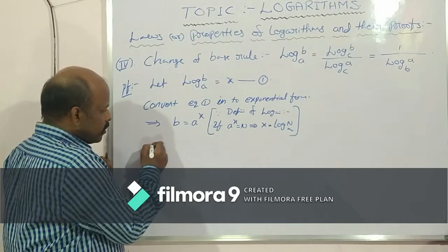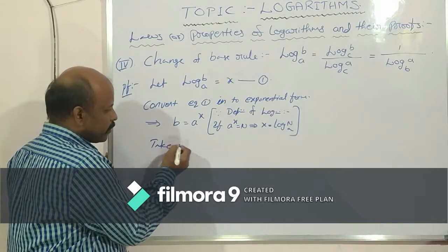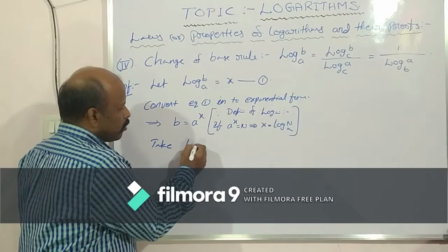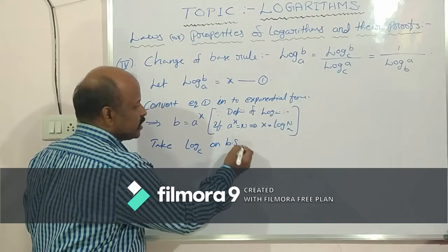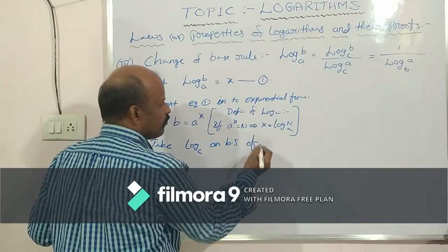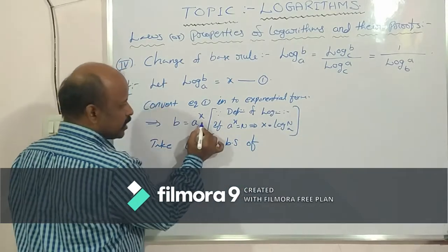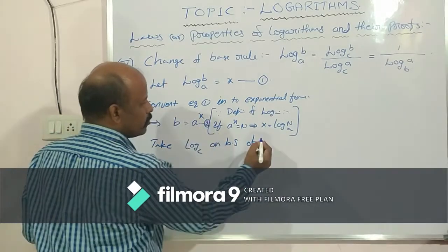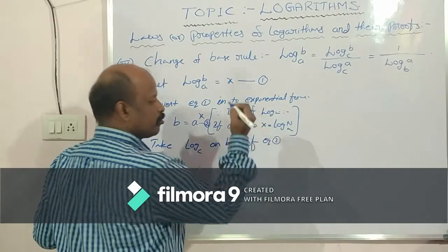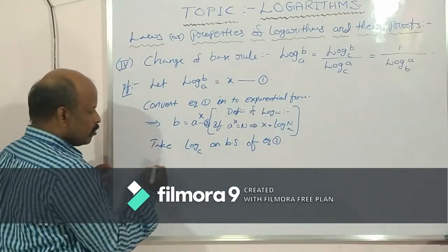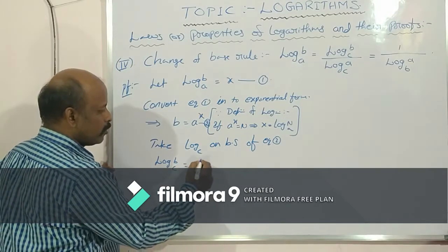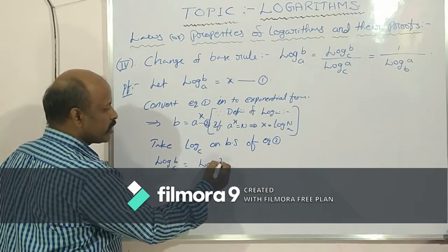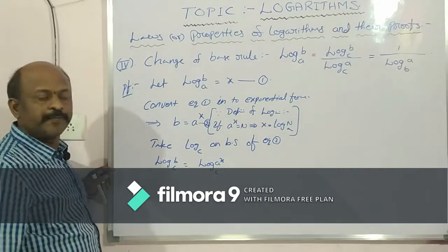So take log c on both sides, and I am going to write this as equation number 2. So log b base c is equal to log a power x base c.